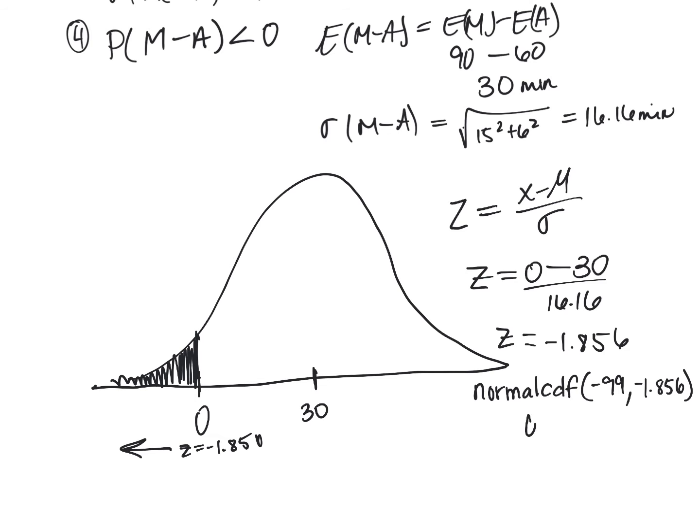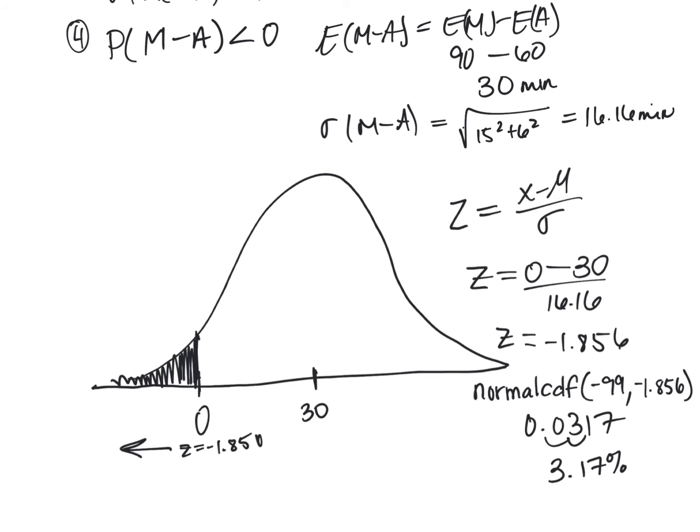And we get 0.0317. So there's a 0.0317 chance that the appearance prep actually takes longer than the mechanical checkup. That's 3.17%.